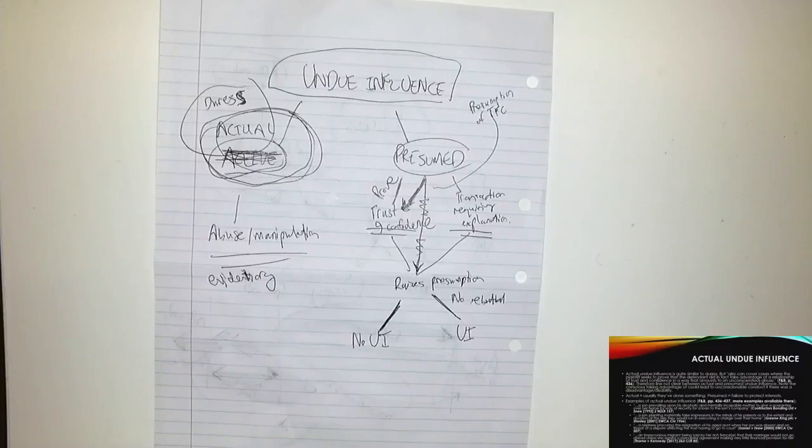Whereas presumed undue influence doesn't necessarily require active manipulation or abuse or exploitation. It simply is a reflection of the stronger party's failure to protect the interests of the weaker party.